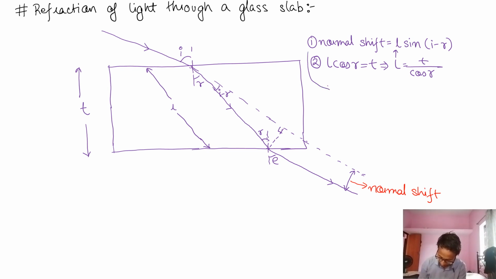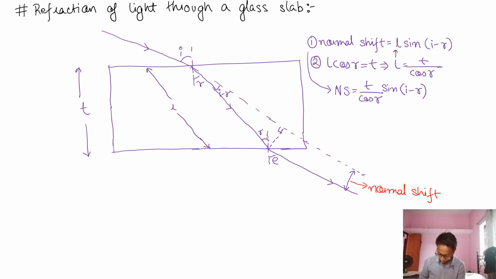We get our equation, normal shift is equal to T by cos R into sine I minus R.